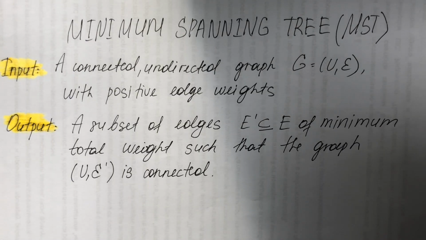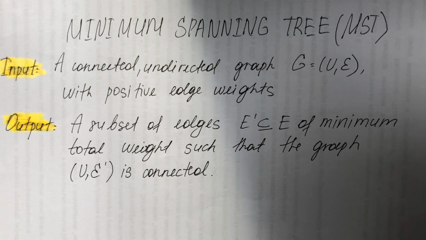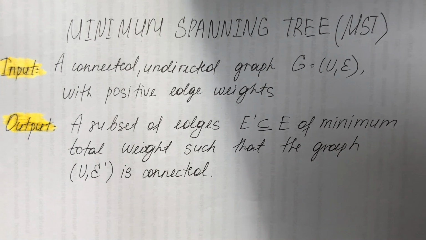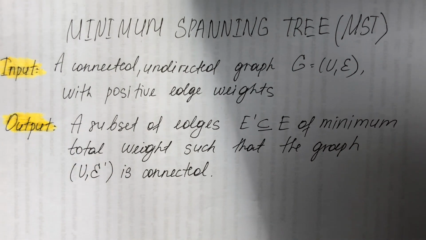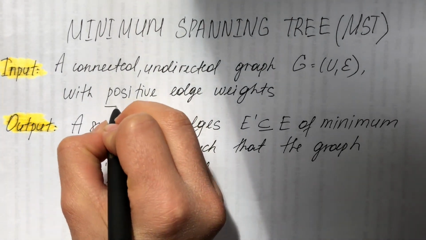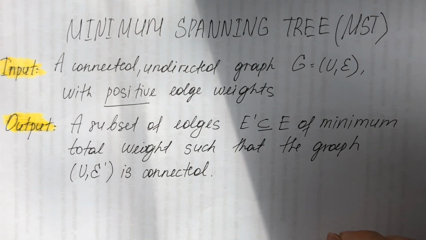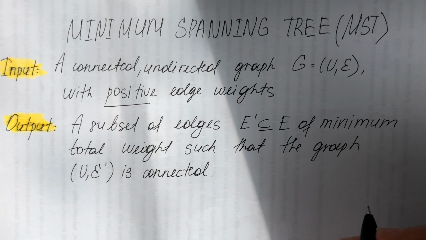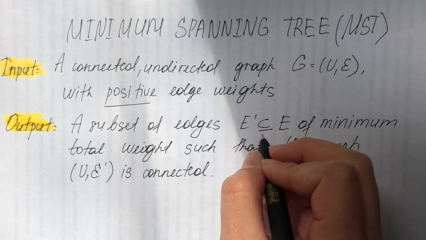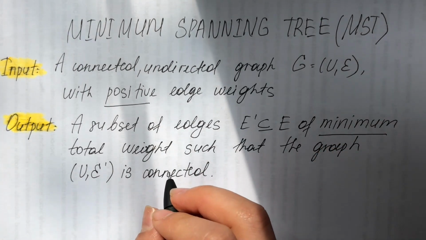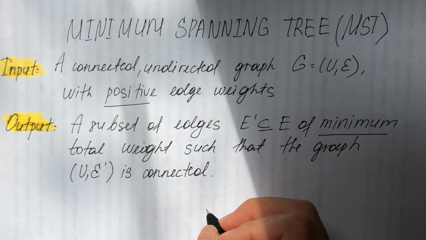So formally, to construct a minimum spanning tree, we have as input a connected undirected graph with positive edge weights, and the tree will be a subset of edges, which we will call E prime, of minimum total weight such that the graph is connected.